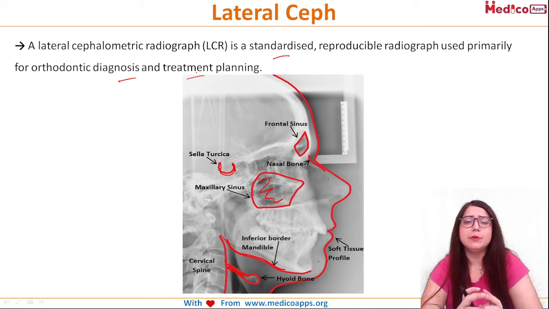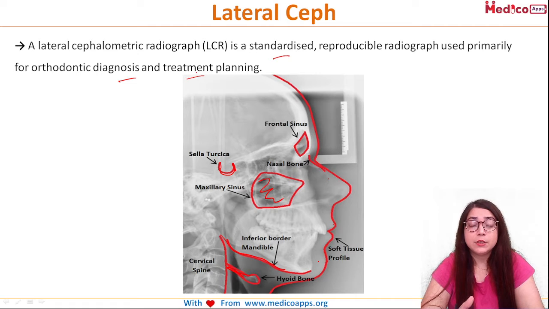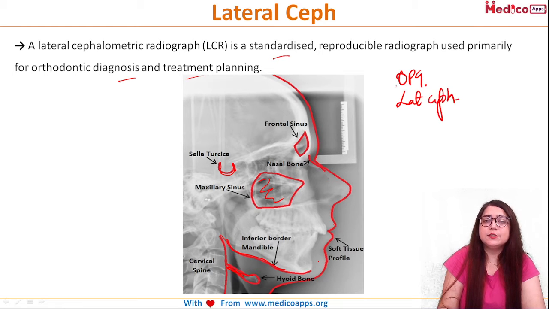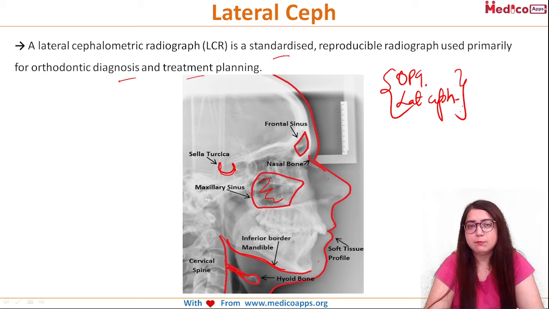Whenever a patient comes to an orthodontist, the practitioner advises two radiographs for model analysis: first the OPG and second the lateral ceph. These two are mandatory for every patient, to study the model analysis and to check whether it is dental malocclusion or skeletal malocclusion, right?